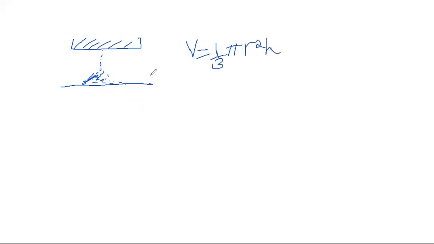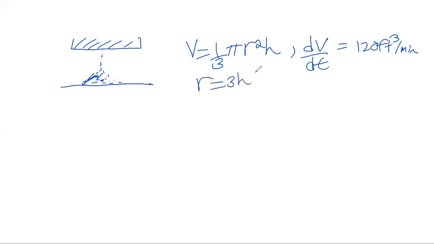Now, they tell us that the change in volume over time of the sand pile, dV dt, is 120 cubic feet per minute. And they also tell us in this case that the radius is 3 times the height, so r equals 3h.